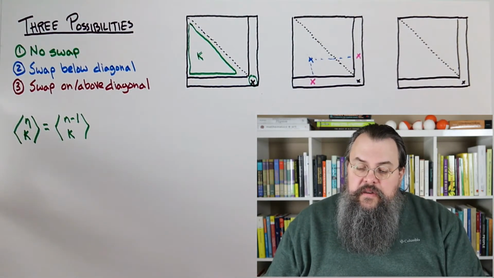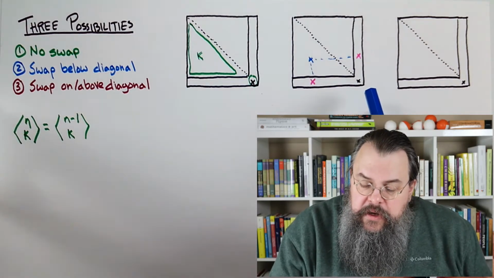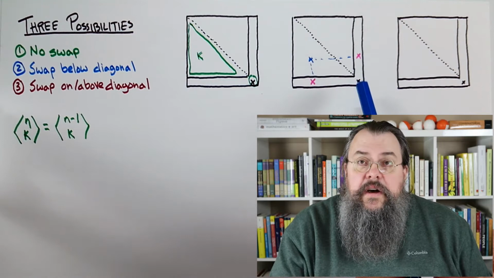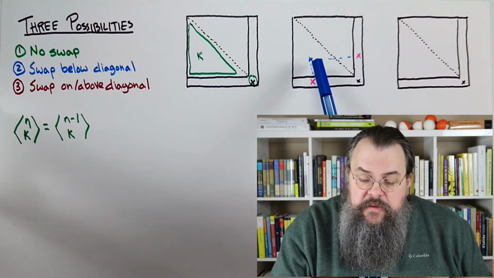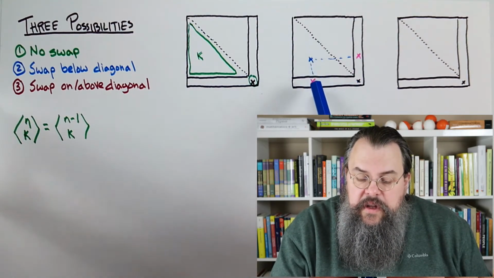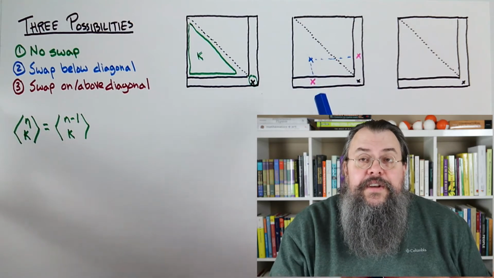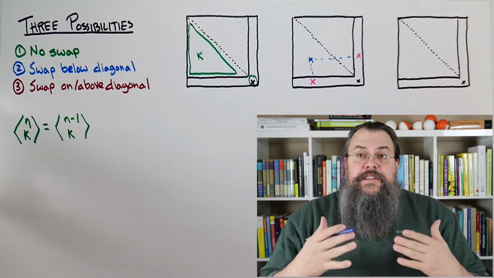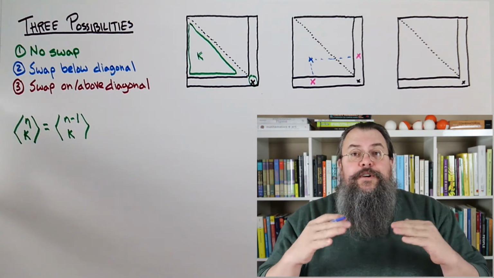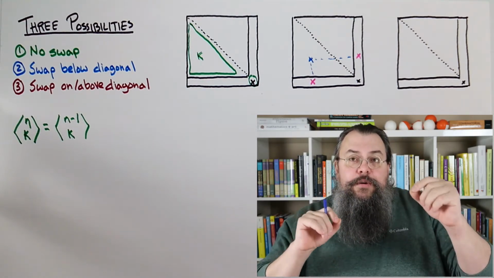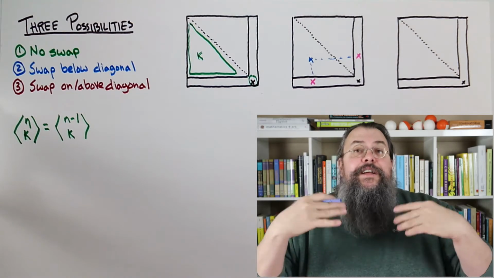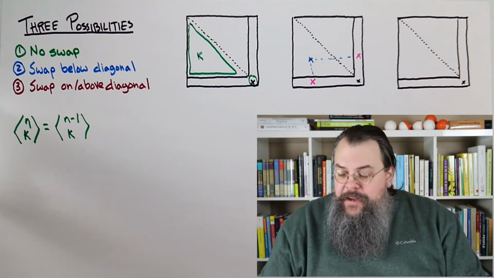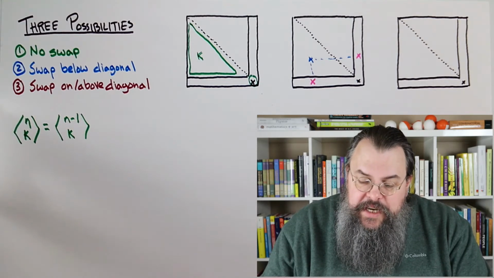Well, notice that here, this rook, you can think of as moving up here. It's still not going below the diagonal. And this rook, well, that's going below the diagonal, but it started below the diagonal. So in other words, it still has the case where I don't change the number of rooks below the diagonal. So if I do a swap with something below the diagonal, the total number of things below the diagonal stays the same. Good.